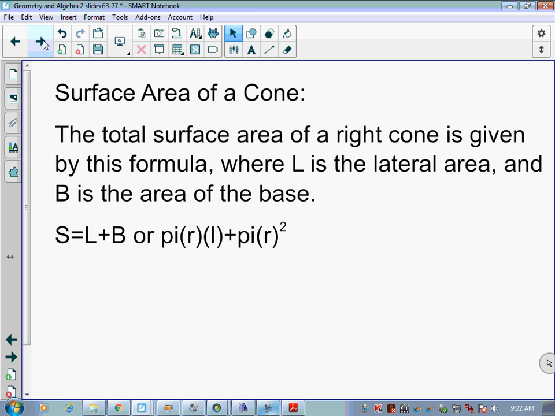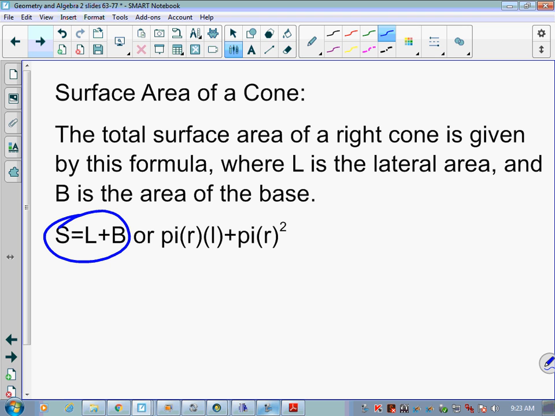So you're going to use that formula and you're going to add something to it. The total surface area of a right cone is given by this formula where capital L is the lateral area that we found on the previous slide and B is the area of the base polygon. They leave it as simply surface area equals lateral area plus the area of the base.